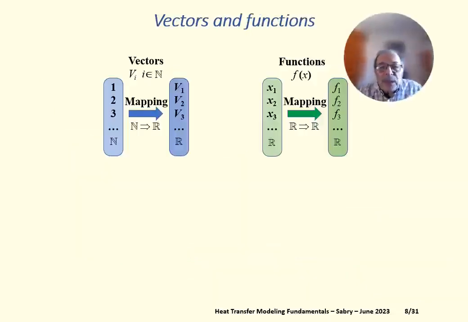Some notes about the analogy between vectors and functions. What is a vector? If I have Vi, for instance, where i runs through the set of natural numbers 1, 2, 3, etc. For each natural number, I have a mapping.